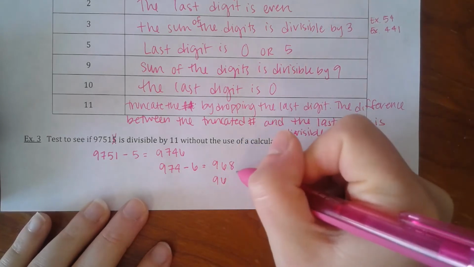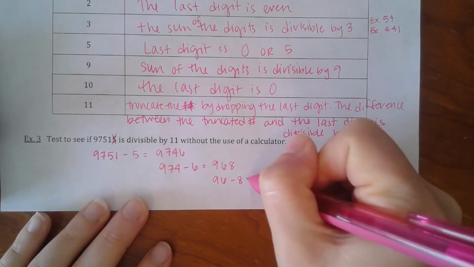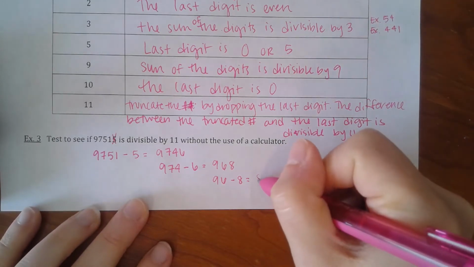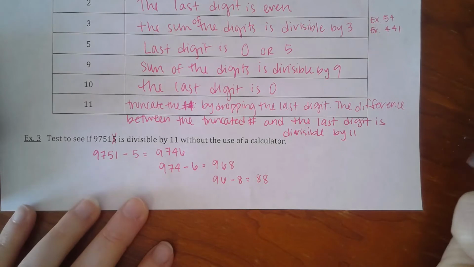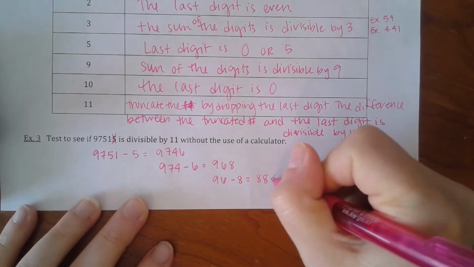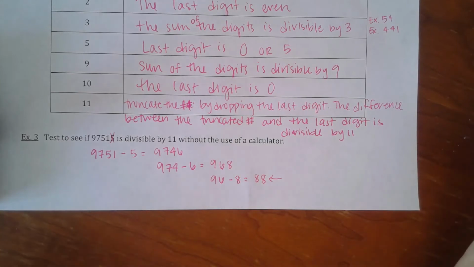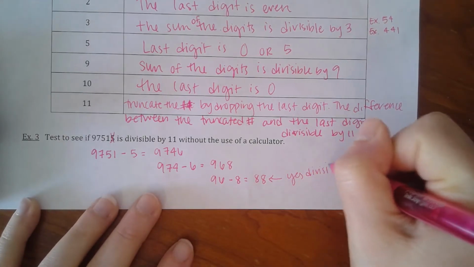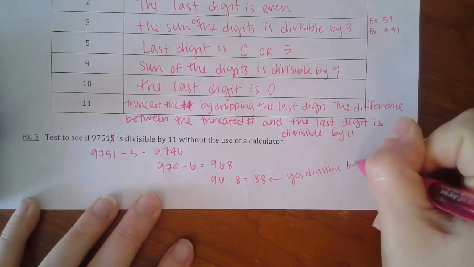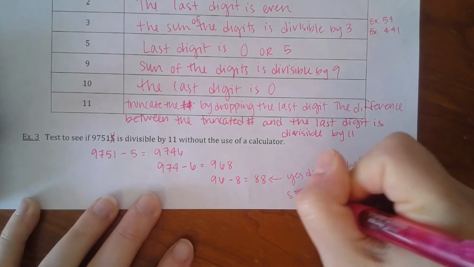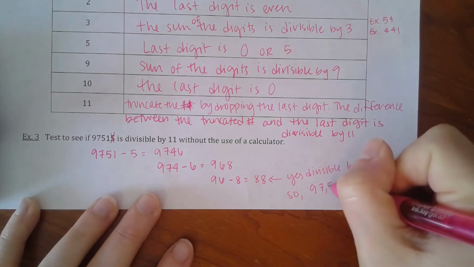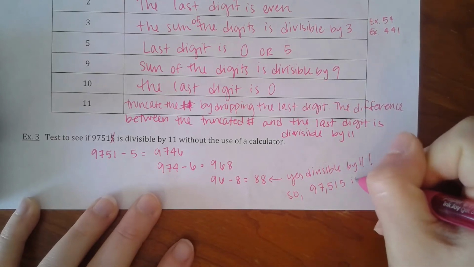I truncate, get rid of the last number, and take the difference: 96 minus 8 is 88. And now I know that that thing is divisible by 11. So that would mean that 97,515 is also.